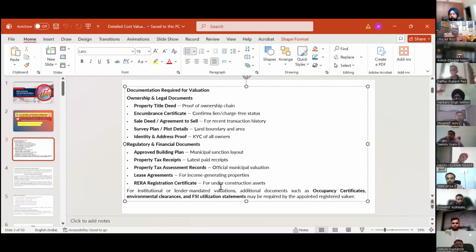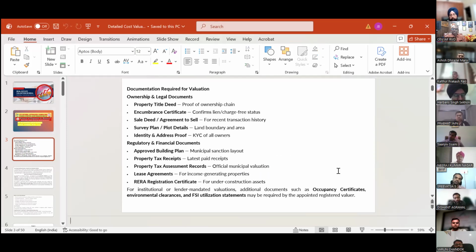If it is a leased property, then you should have the lease agreement for income generating properties, and go through the covenants mentioned in the lease deed. If it is a RERA approved property, then you have to look for the RERA registration certificate, especially in case of under construction assets.